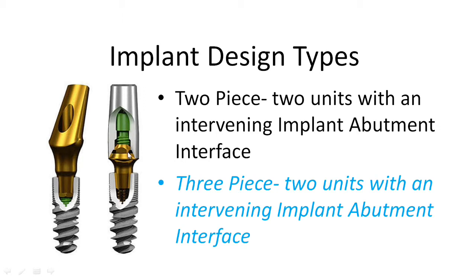So you can see this is an extra level of screws, it is an extra level of complexity, it is an extra level of area where things can go wrong. It is another interface, because you have an interface here and you have an interface there, so you're doubling up on your interfaces, you're doubling up on areas of potential weakness.